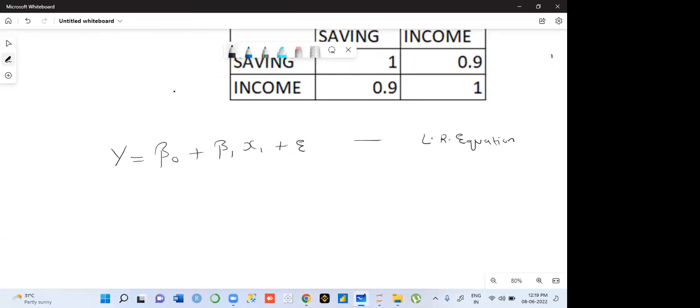Understand this, guys? This value is called the intercept, and this value is called the slope. X means independent, Y means dependent. E stands for error.